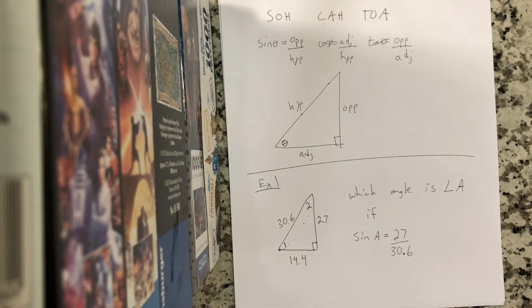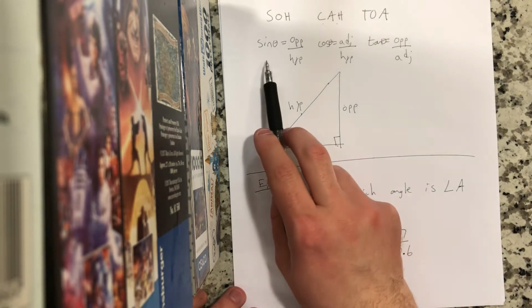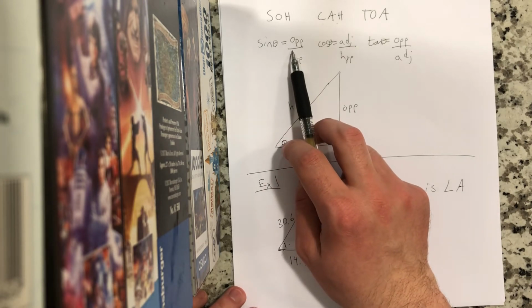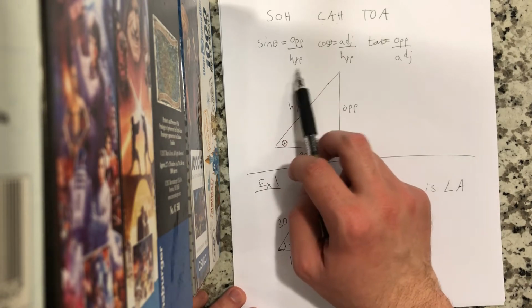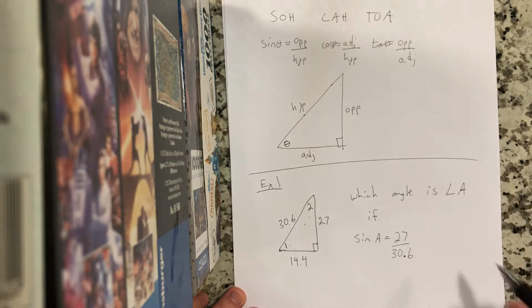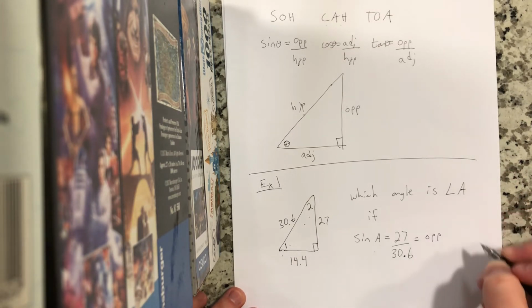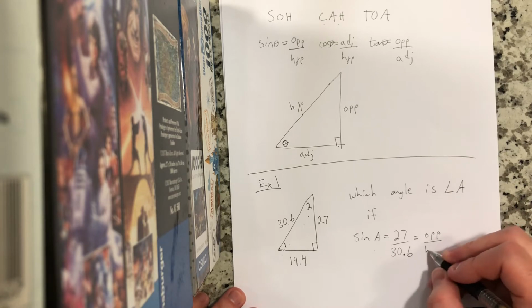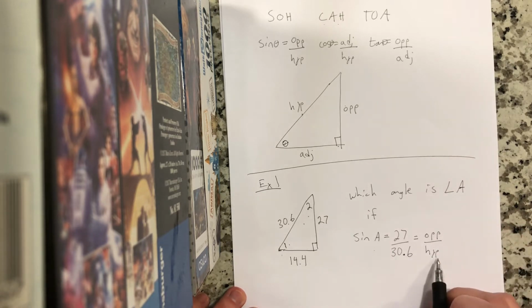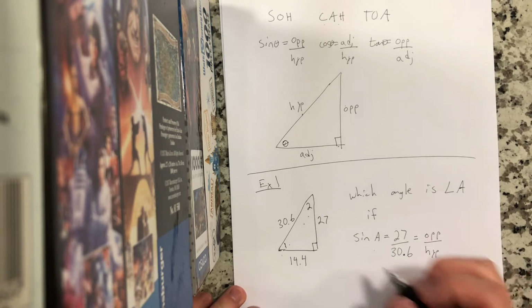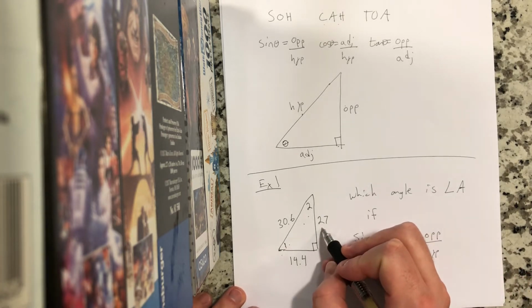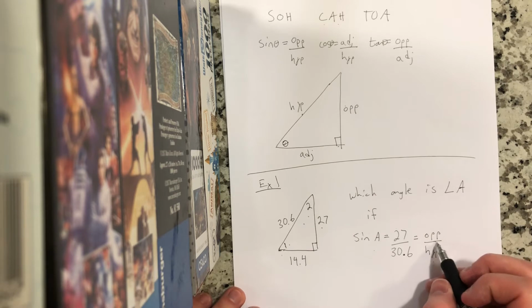So let's remind ourselves again, the sine of an angle is going to be representing the opposite side over the hypotenuse. So that means that the 27 is going to be representing the opposite side, and the 30.6 is going to be representing the hypotenuse. So if we match this up here, the 27 is here, and we know that has to be the opposite side.